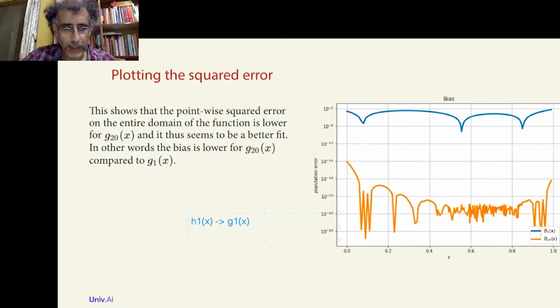Then I'm going to look at all 20th order polynomials, i.e. all functions h20 of x, and find the best fit out of those, and that's what I'm going to call g20 of x. So that's my notation throughout. In general, I'm going to call the hypothesis function h. The best fit hypothesis function is going to become g, and then f of x is the function that actually generated the data. Okay? Are you done with the notation?